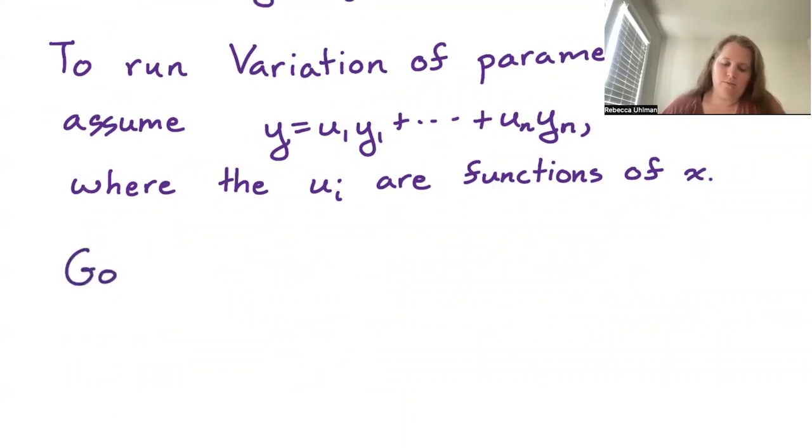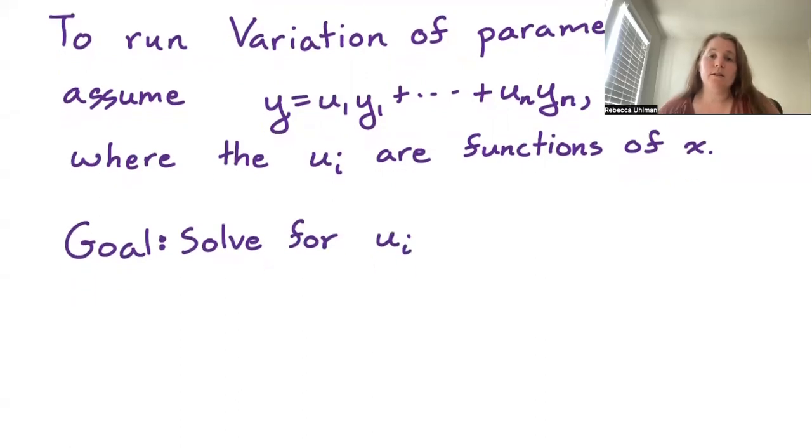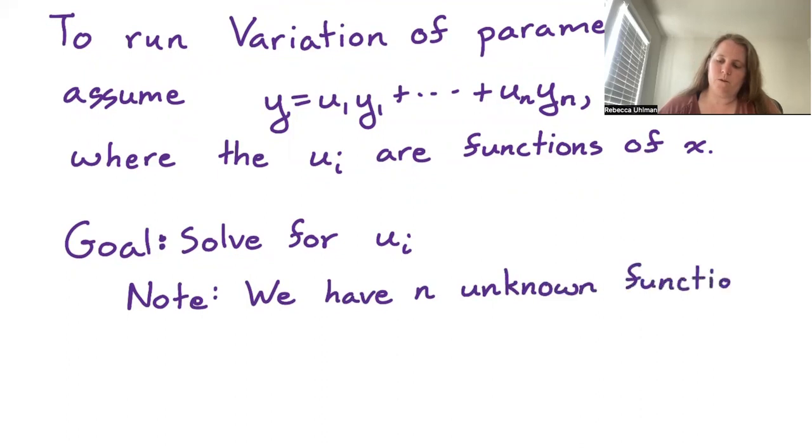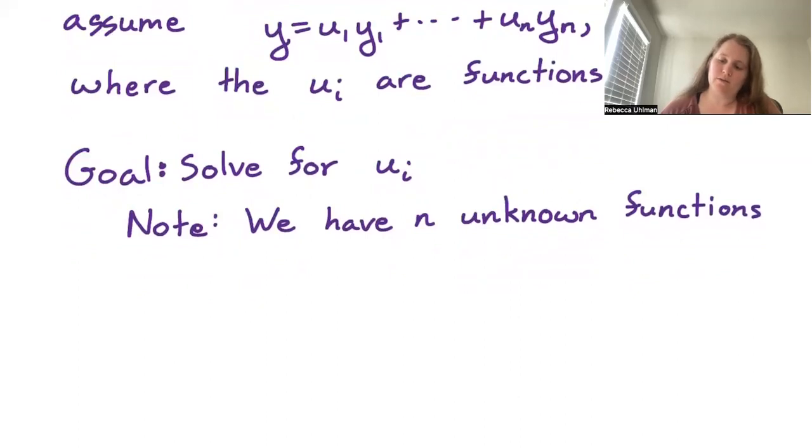So our goal is to solve for the ui. In this case, note, we have n unknowns. We have n unknown functions. So if we are trying to solve for n unknowns, we can have n equations. We can have a system of n equations.